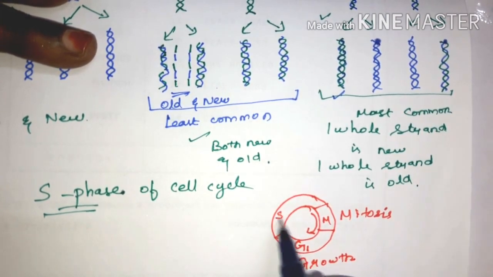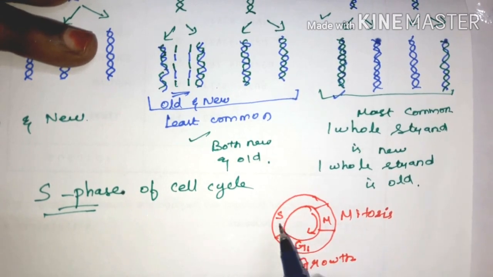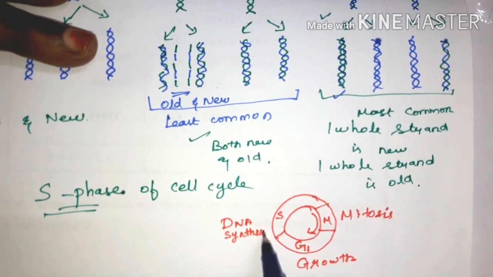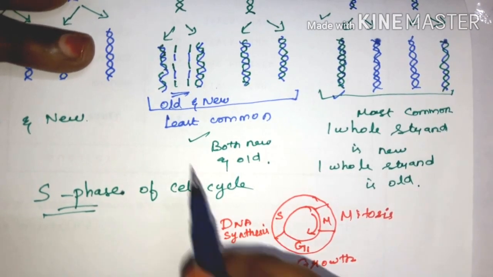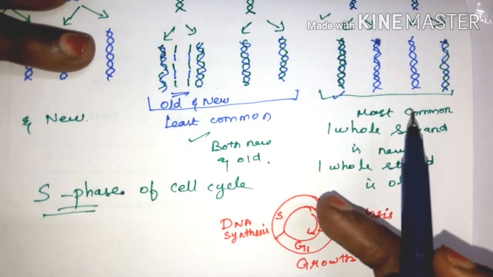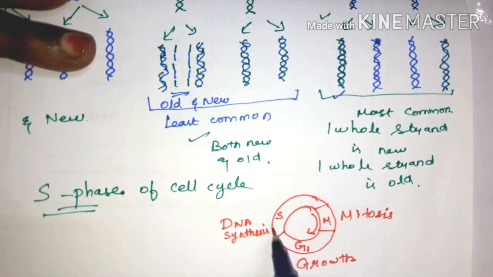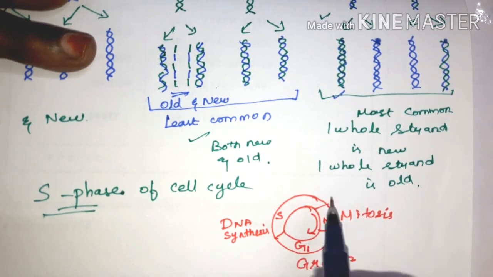Then comes S, where the DNA is synthesized. Synthesized in the sense that this old and new format following the DNA replication takes place in this phase.